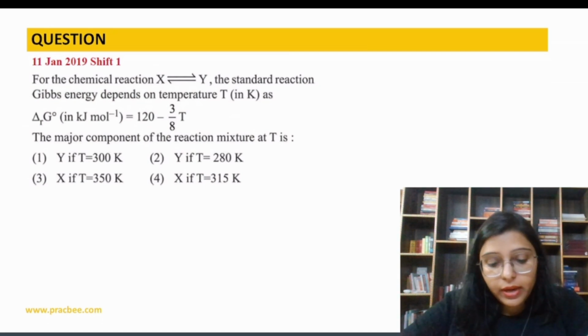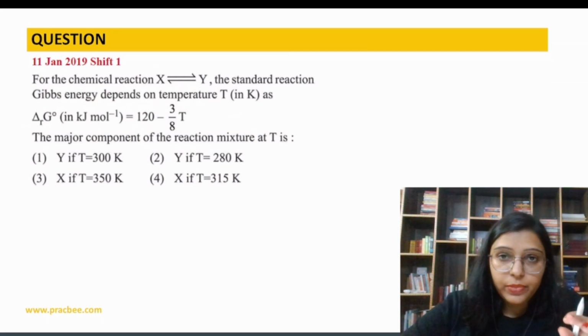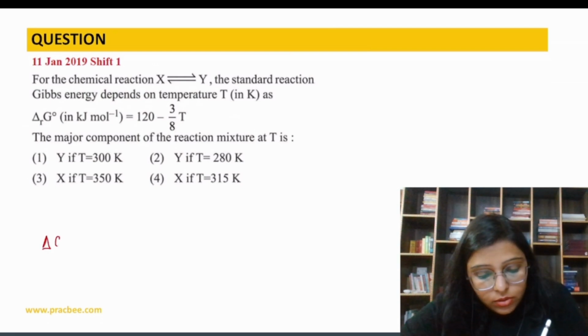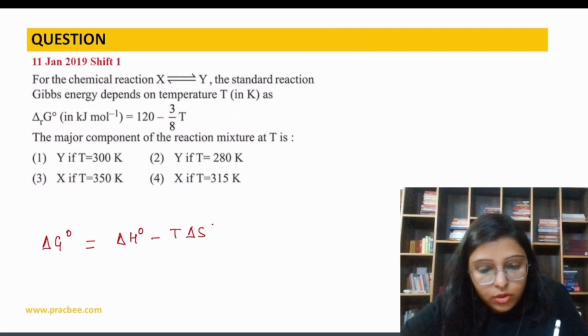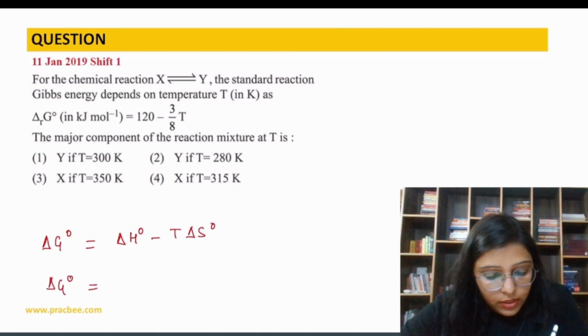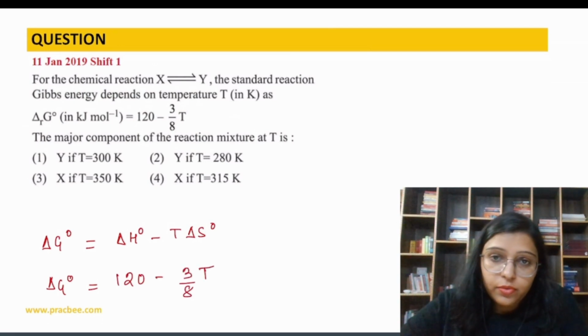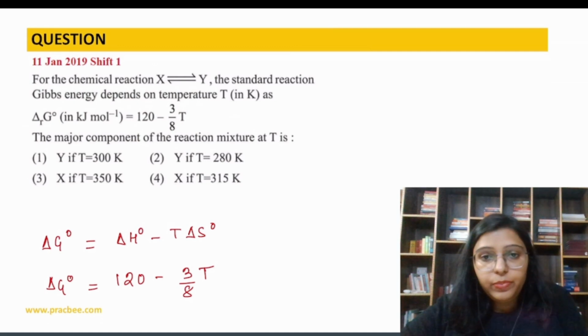Okay, for a chemical reaction X gives Y, the standard reaction gibbs free energy depends on temperature as this. Okay, fine. Let's do this. So delta G naught is equal to delta H naught minus T delta S naught. So we have to compare this with this, 120 minus 3 by 8T, right? 120 minus 3 by 8T.